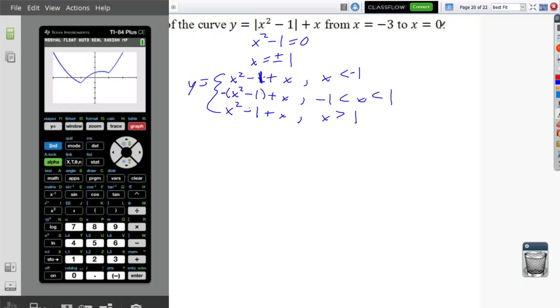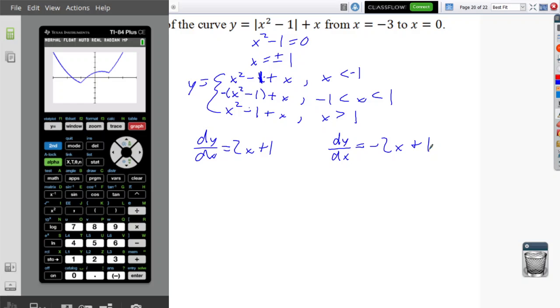And in order to do this length, we actually have to find two dy dx's. We have to find the first dy dx for this interval, going from -3 to -1. So that would be 2x plus 1. And then we want to find another first derivative, of this chunk going from -1 up to 0, and that would be -2x plus 1.